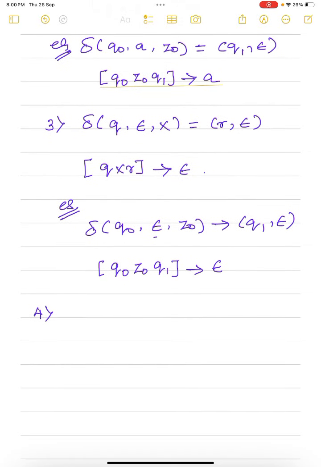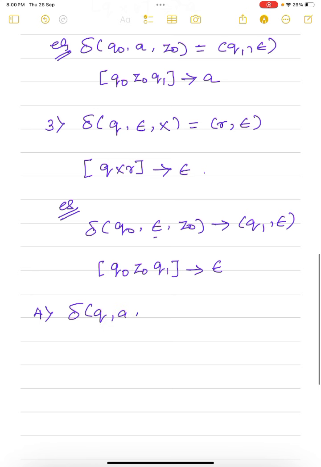Okay. And for push operations, suppose you are having a production of the form A comma X, which is equal to R comma, you are pushing some K elements, let us assume. This is the condition. In that case, our right hand side will be this one, A, not a problem.